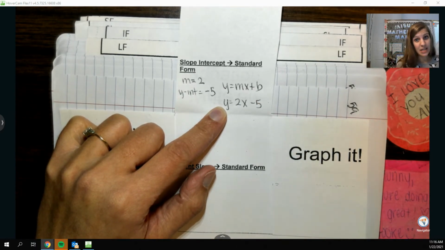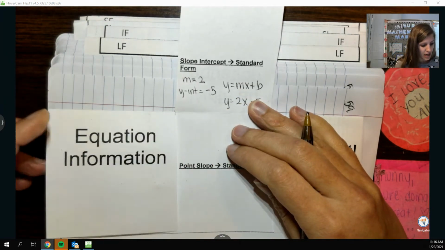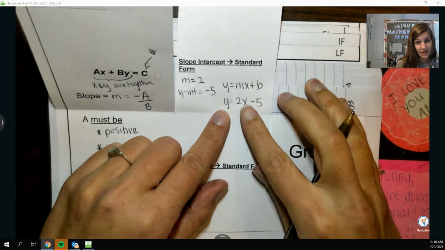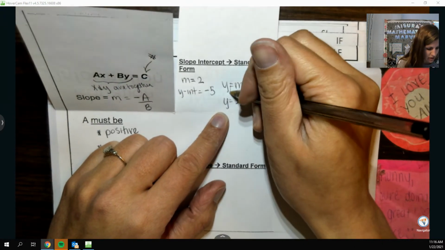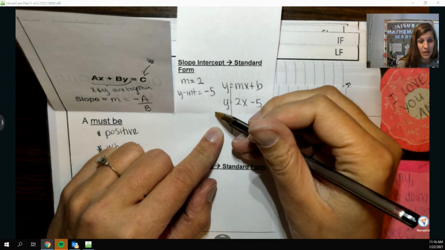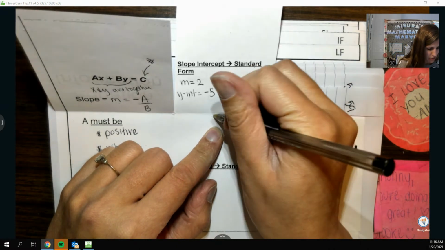However, if they want it to be in standard form, I need for the x and y to be together on one side, and right now they're not. So we just have to do a little switcheroo and bring the x over here with y by doing the opposite. So I'd have to subtract it from both sides.